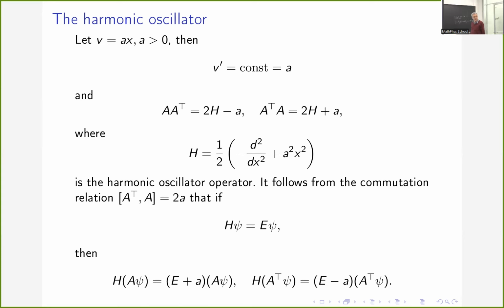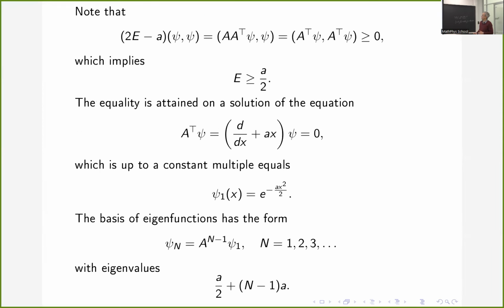This is what is called creation and annihilation operators in quantum mechanics. So A tilde is the annihilation operator: we decrease the eigenvalue of psi by the constant a when applying the operator. And now what's next? We notice that the norm squared of the function, the square root of chi, is non-negative.